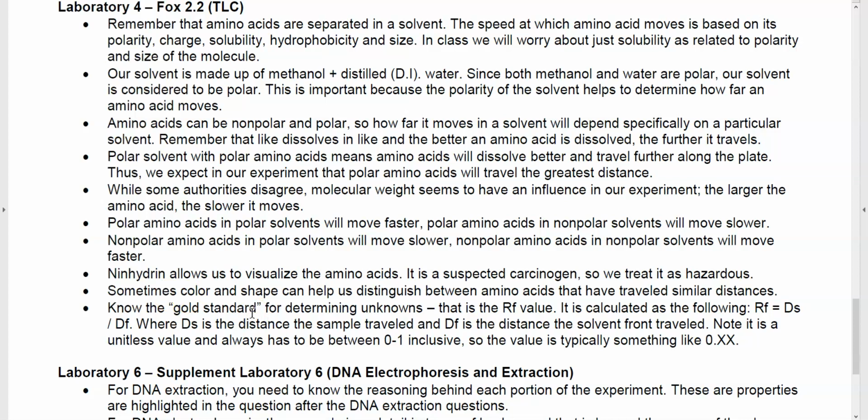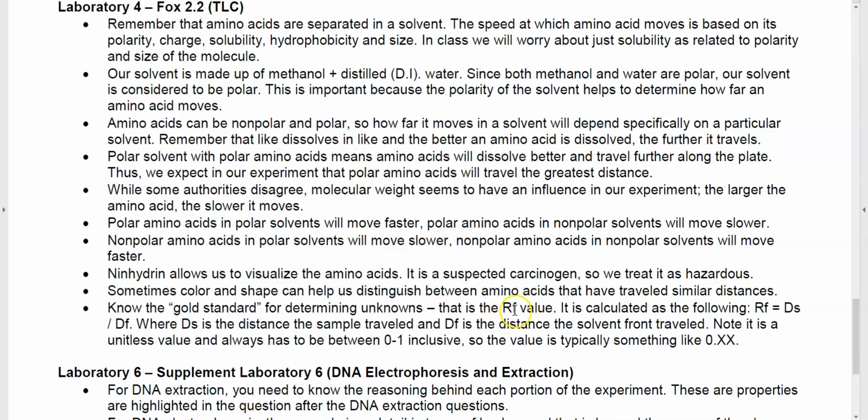The gold standard for determining unknowns, though, is the RF value. And scientifically, it's much stronger to say, oh, these don't look alike, they measure alike, right? So it looks like a good start, but being able to say they have the same or very similar measurements is important. So to calculate the RF value, which I've seen 3 or 4 different definitions of what that means.